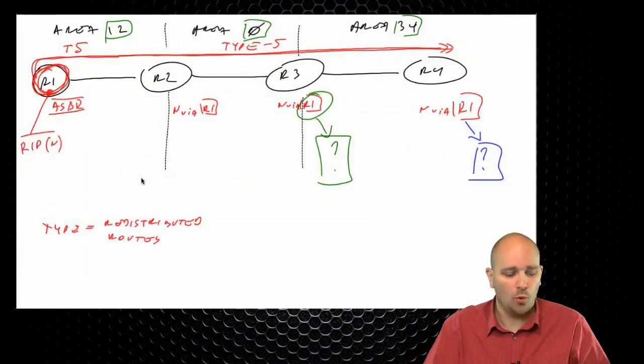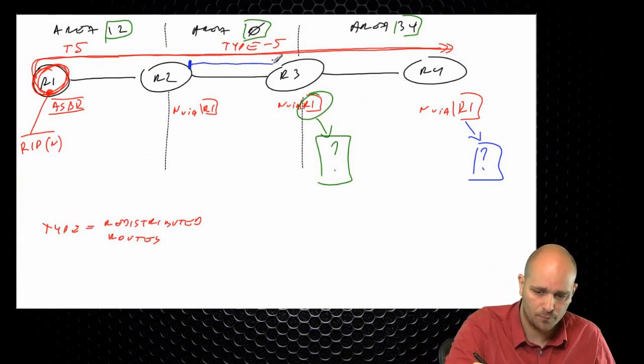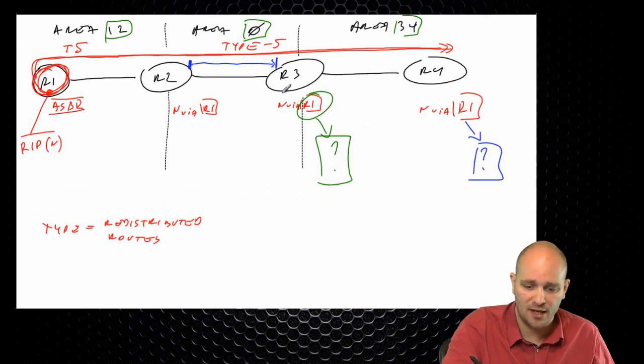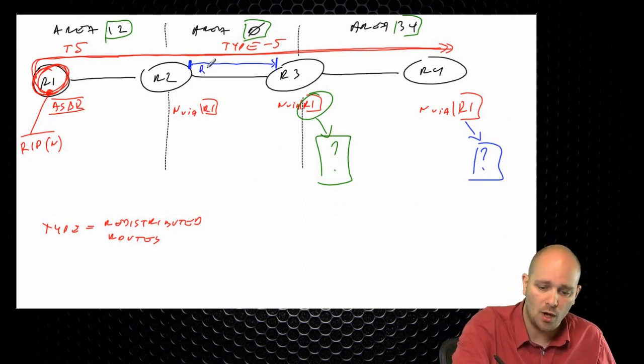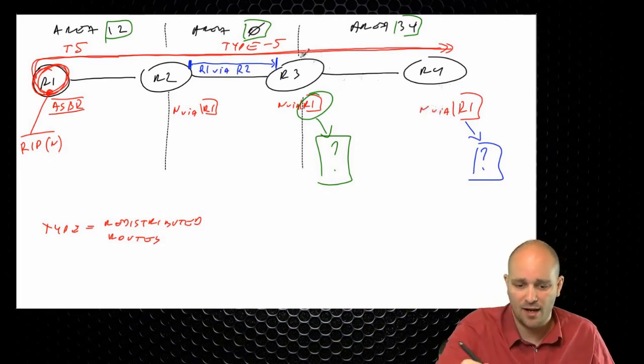So the way that works is here on R2, R2 is going to generate a type 4 LSA, basically telling router R3, or routers in area 0, that router R1 is actually reachable through R2.